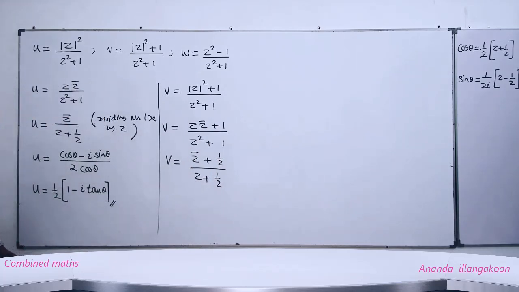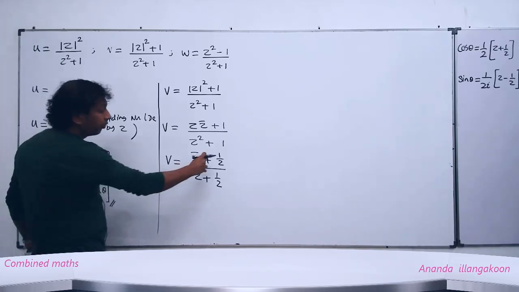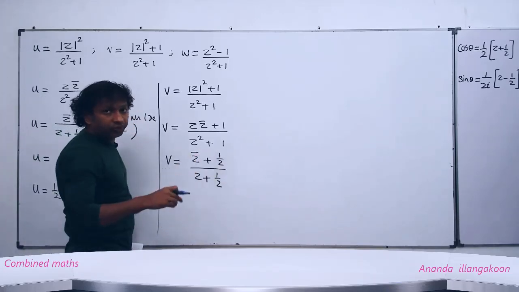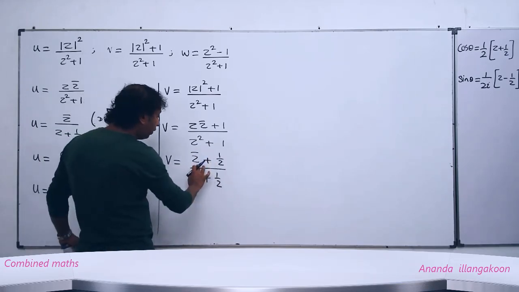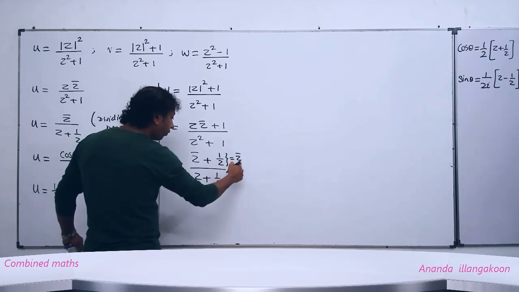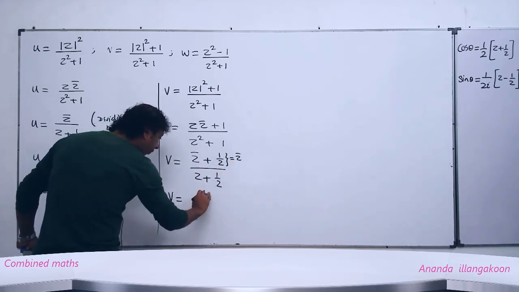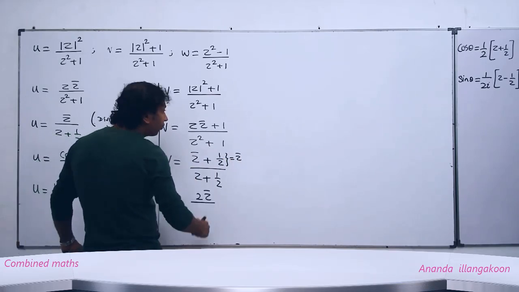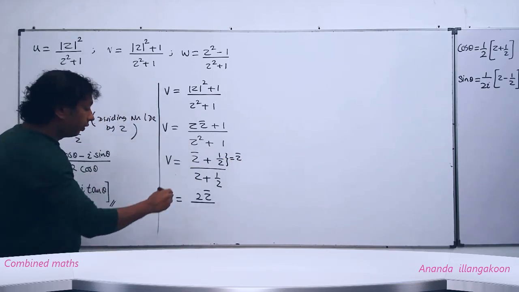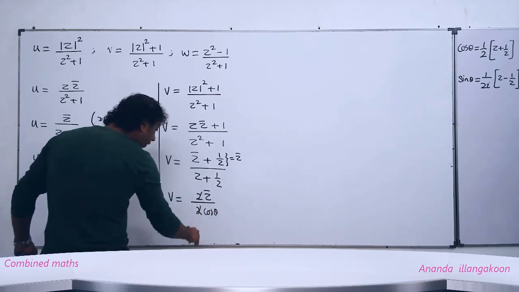Then we know, we proved this 1 upon z, this 1 upon z, people, we have proved this equal to z̄. Then this is z̄, and this also is z̄. So this is z̄. z̄ + z̄ is 2z̄. z + 1 upon z is 2 cos theta. This 2 you can cancel down.